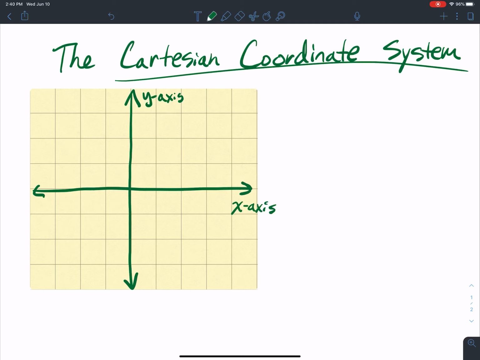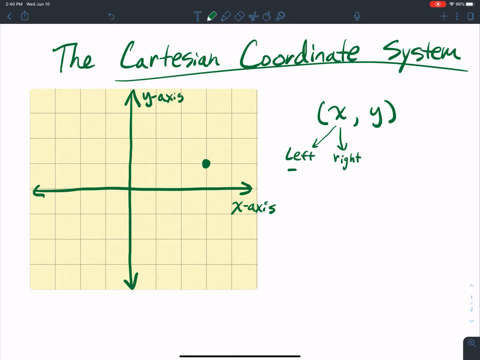Now, to represent a point in this Cartesian coordinate system, we use an x comma y coordinate. So how does this work? Well, the x tells you how far left or right to go.